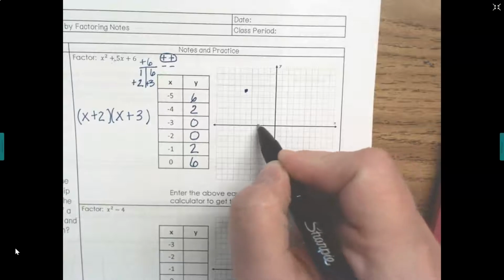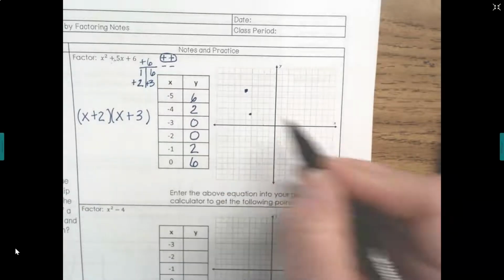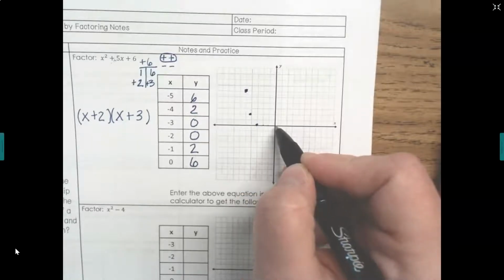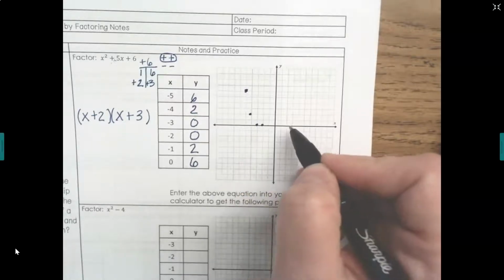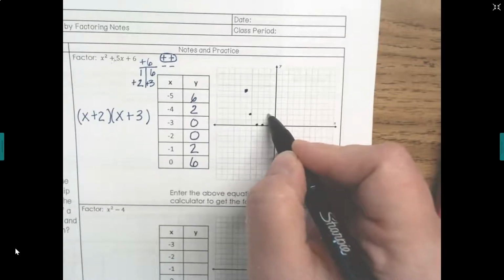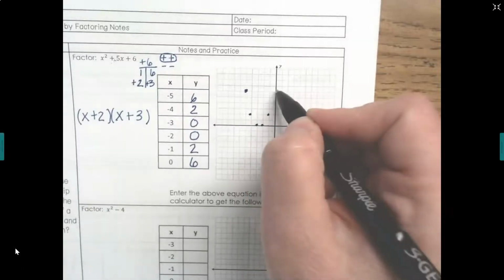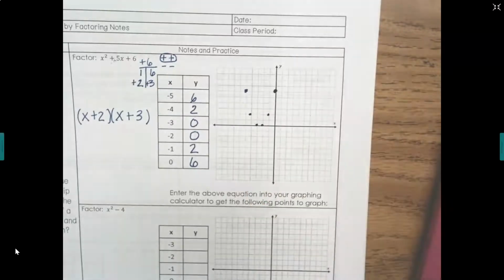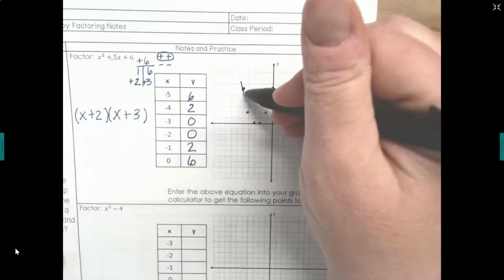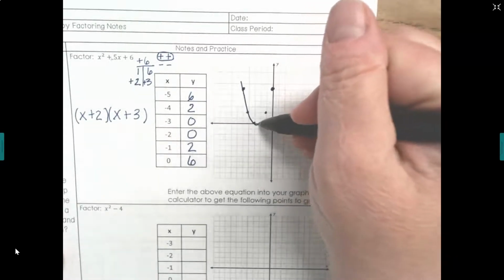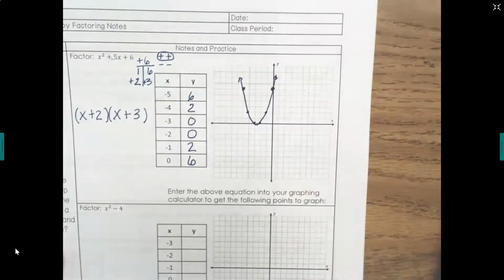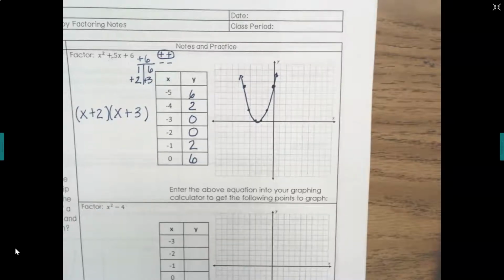Negative 4, positive 2; negative 3, 0; negative 2, 0; negative 1, 2; and 0, 6. We're going to do more on this later, but when we graph these, we want to give them a little bit of a rounded bottom end. So I'm going to go just a little bit below those two that we graphed on there.